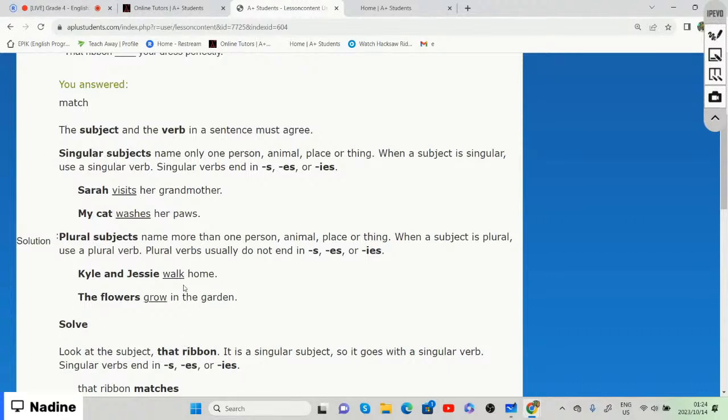And remember, when the subject is plural, we use a plural verb, but our verb does not end in s, es, or ies.